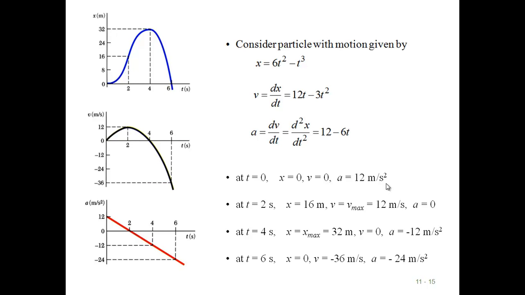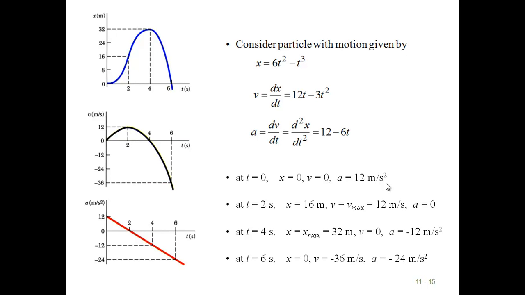For values of time larger than 6 seconds, the position, velocity and acceleration all are negative. Because at time t is equal to 6 seconds, x becomes 0, it moves to 32 meter and again comes back to 0. That means the total distance traveled is 64 meter.